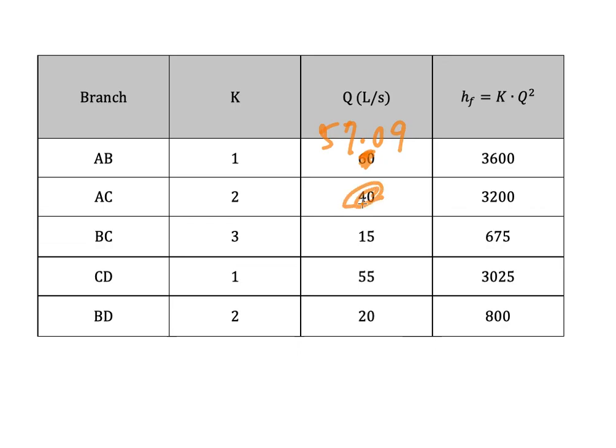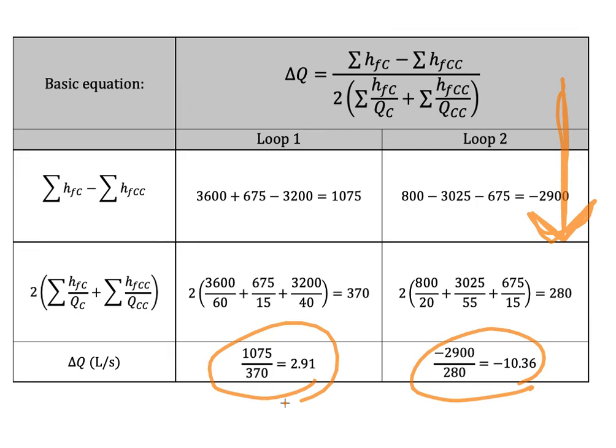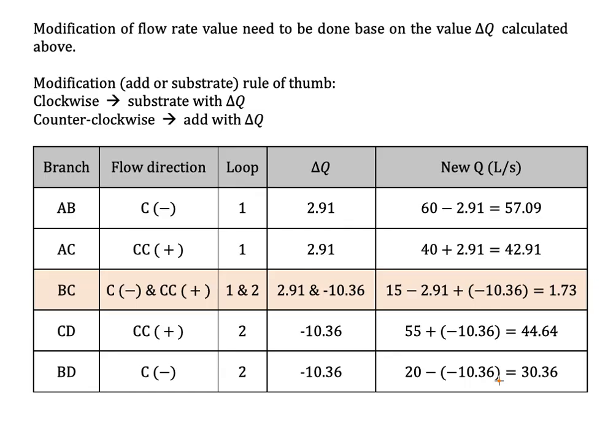Then you replace all of this with your new flow rate, calculate the value of losses here, and then you see the value of delta Q. By using this delta Q, you propose the second trial flow rate.